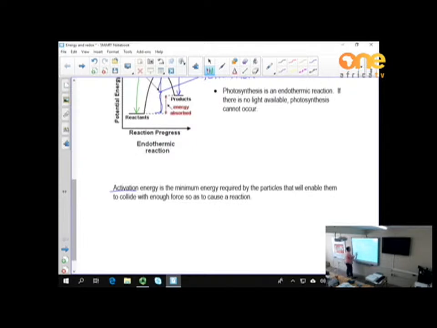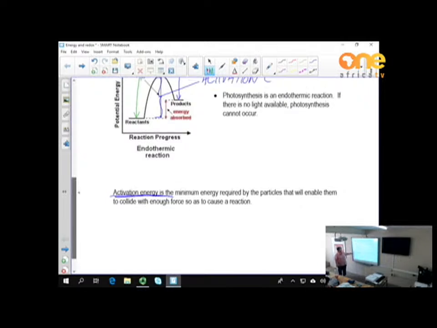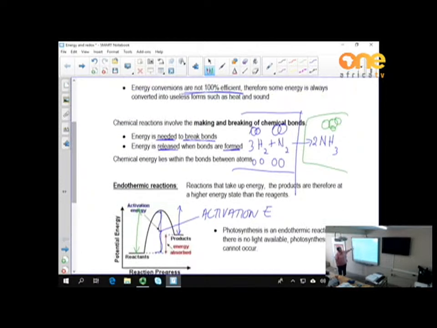Activation energy is the energy required by the particles that will enable them to collide with enough force so as to cause a reaction. Once the bonds have been broken, these particles have got energy, so they move, and they will bump into each other.